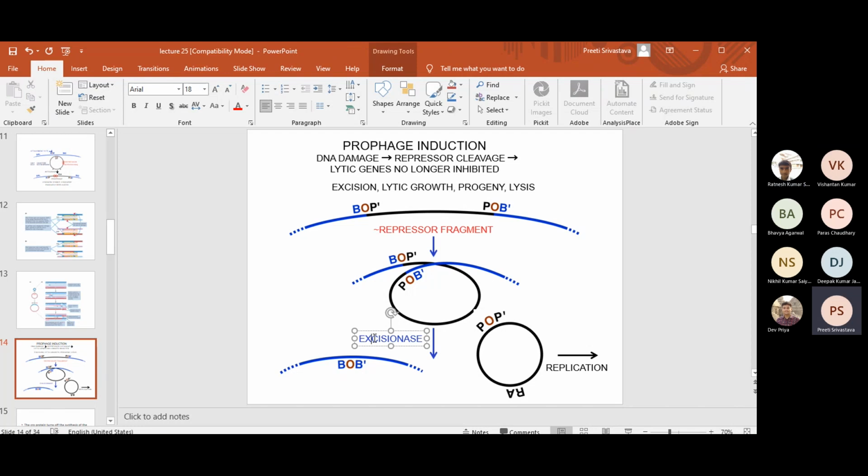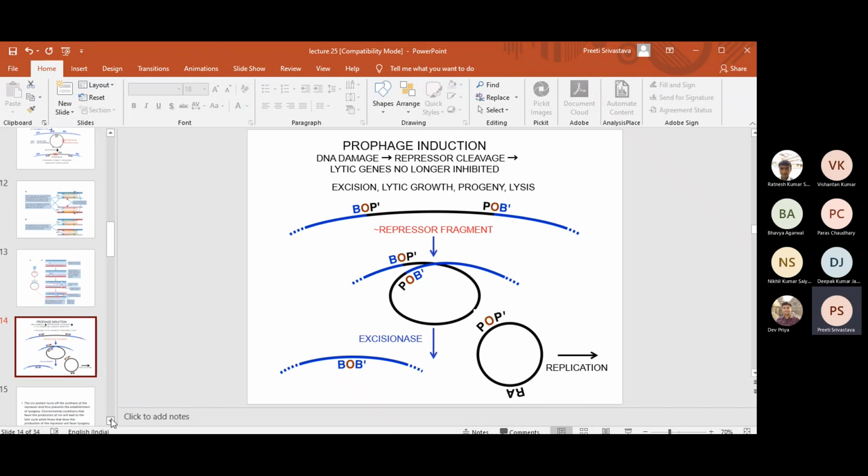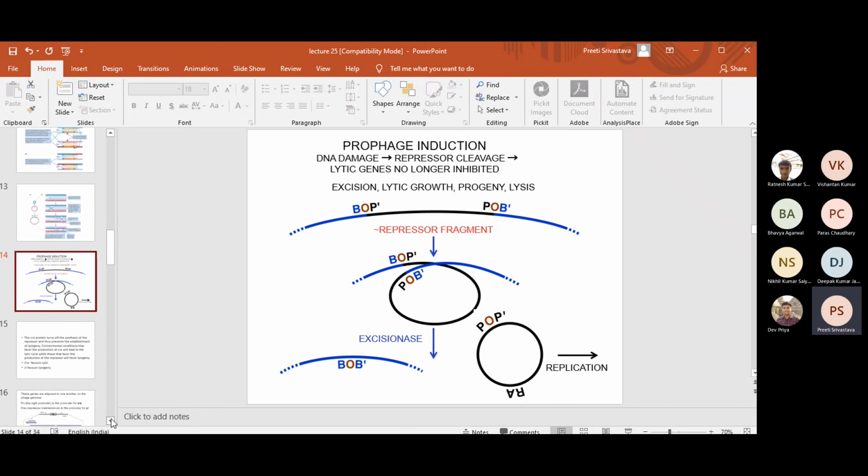As a result of the action of this enzyme, BOP prime will be regenerated and POP prime will be regenerated. So you have virus particles created and the bacterial DNA will be retained there. Okay, so this is one type of mechanism by which you can have this excision.